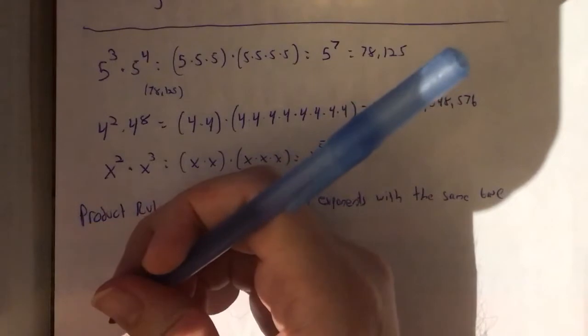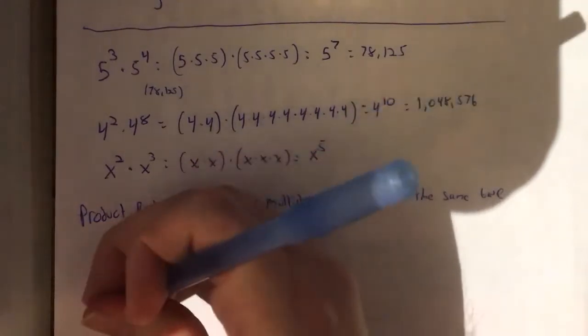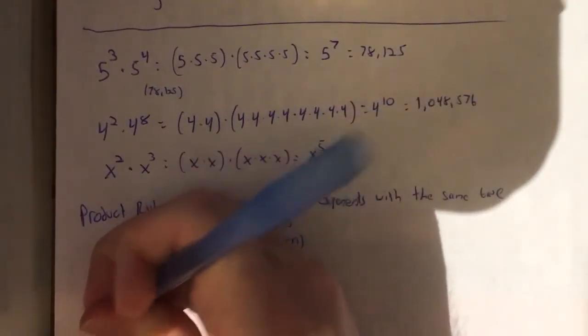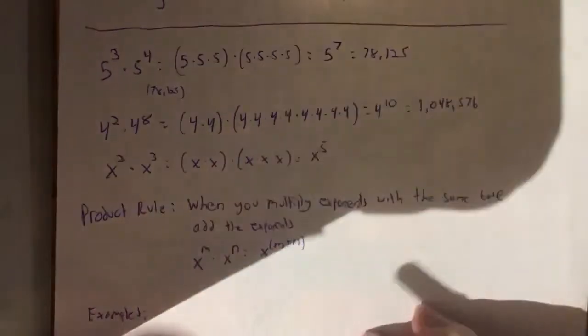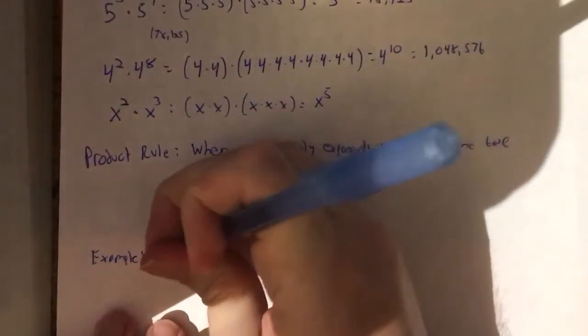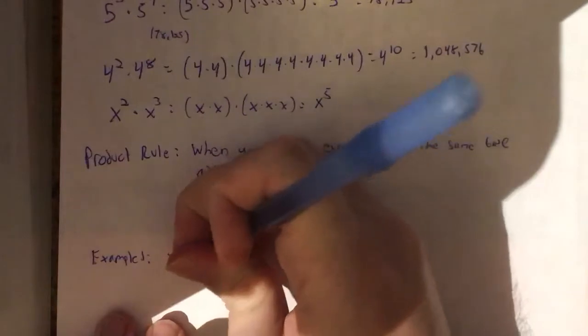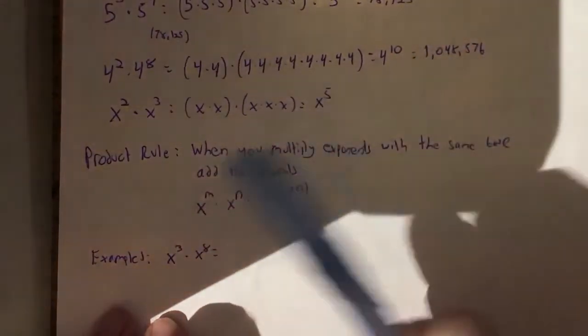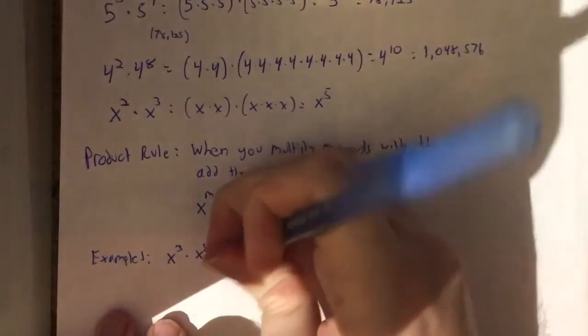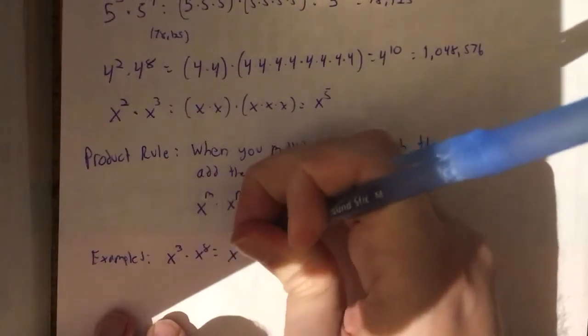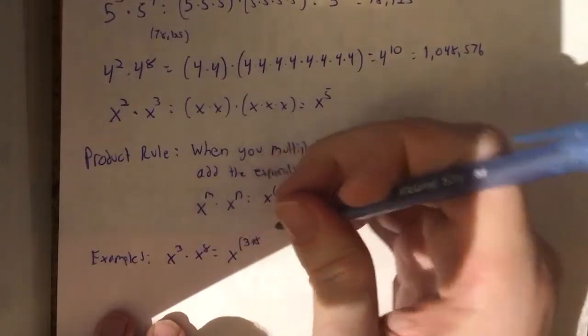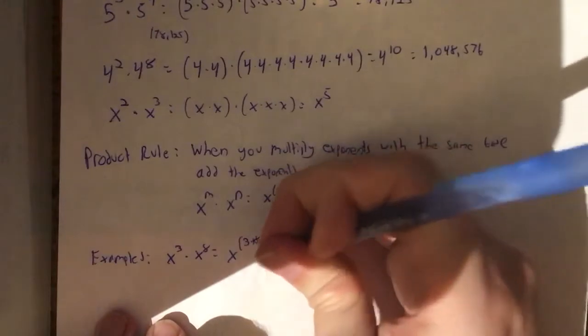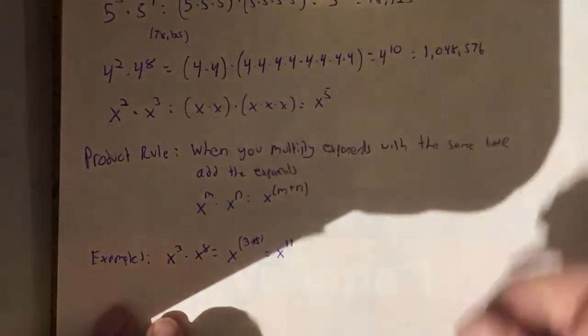So if I did the following, okay, examples. Let's look at x cubed times x to the 8th. So really all I'm going to do is keep the base, add the exponents together. And that gives me x to the 11th.